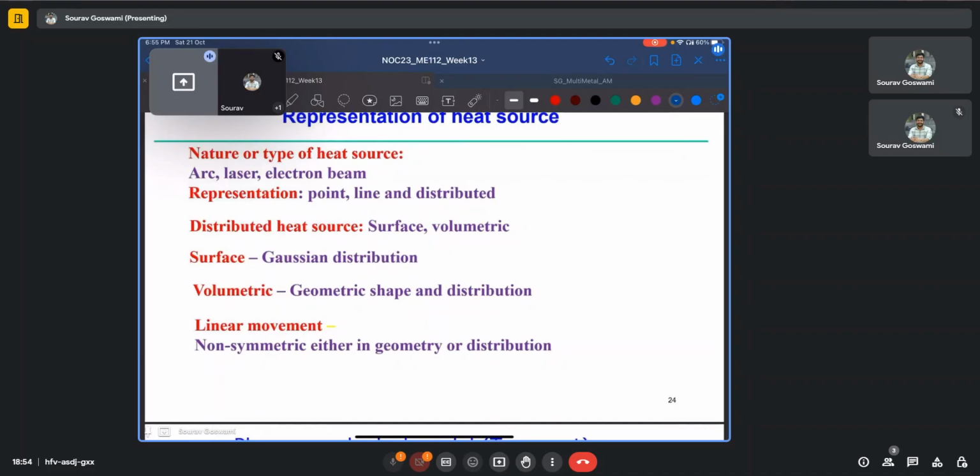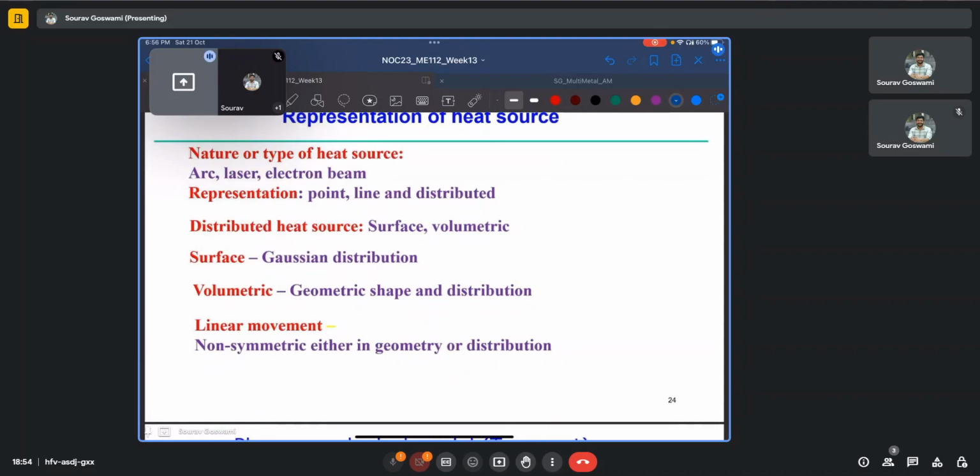And the surface heat source will most likely have a Gaussian distribution. Of course, other distributions have also been tested and proposed, and they may be specially suited to some special situations. However, in most of the usual cases, the Gaussian distribution proves to be good enough, and simulations performed using the Gaussian distribution are in good agreement with the experimental results.